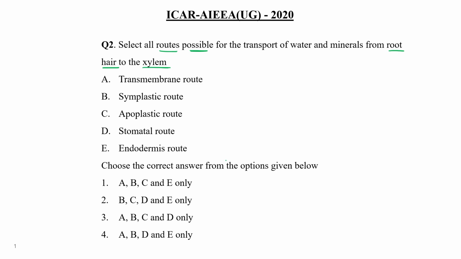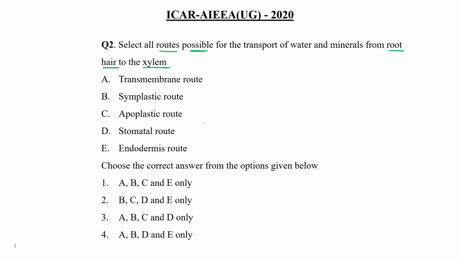Okay, so they have given us 5 different options, right? Transmembrane is present in both stem and root. Symplast and apoplast, what is the difference?